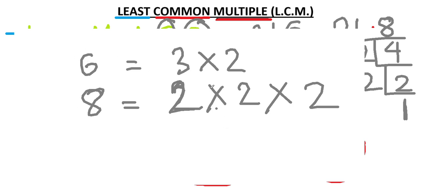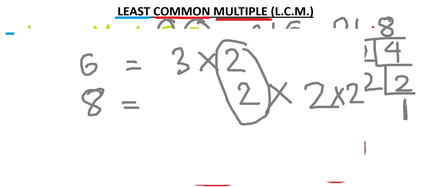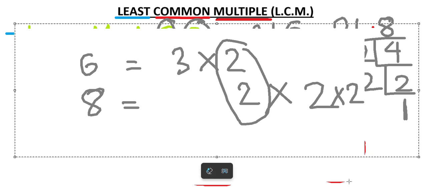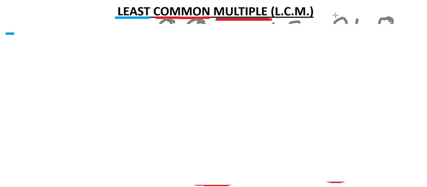You always try to keep the common number underneath each other. So erase this 2 and write it at the end. Just keep the common number underneath each other. That is something to remember when you are doing LCM. That is the very important part. Otherwise, you're going to make a mistake, and we wouldn't want that.